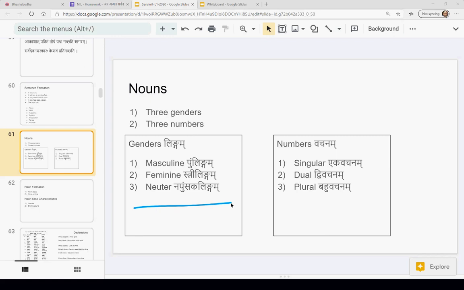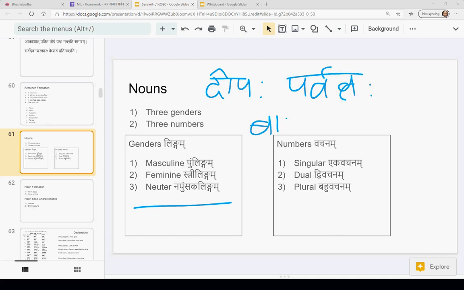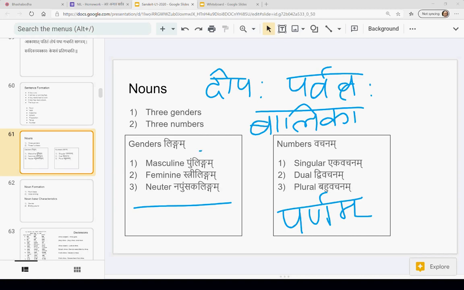So when we say deepaha or parvataha or balika, etc., or paranam or pushpam, these lingams are just the lingam of the word, not the lingam of the lamp. It is the lingam of the word.